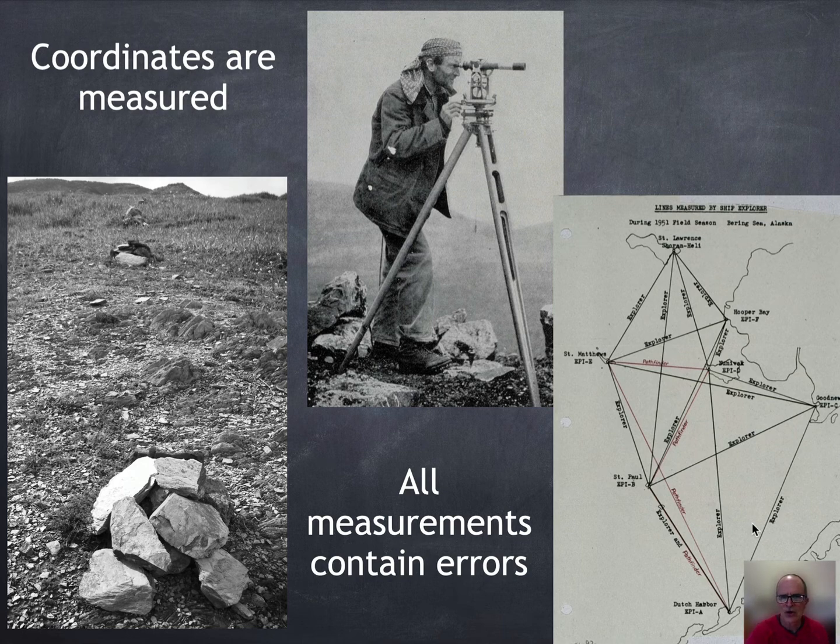Well, the problem is that all coordinates are measured. So we're measuring angles to the stars from a point, and then we're surveying between them using theodolites and optical instruments and pulling chain, or later on electronic distance meters, lasers, those sorts of things. But they all contain some kind of error. I didn't exactly line this up over the last point.